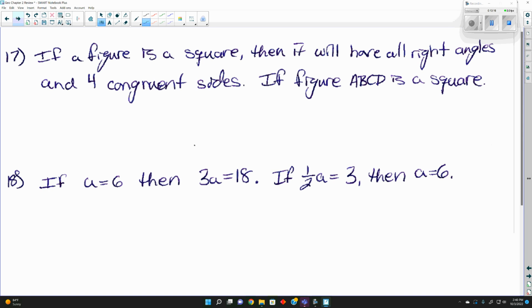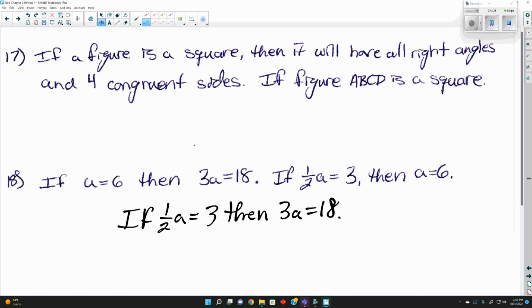If 1/2 A equals 3, then A equals 6. So we can say if 1/2 A is equal to 3, then, so we're merging the if and then. So if a figure is a square, what did we just say about A, B, C, D?